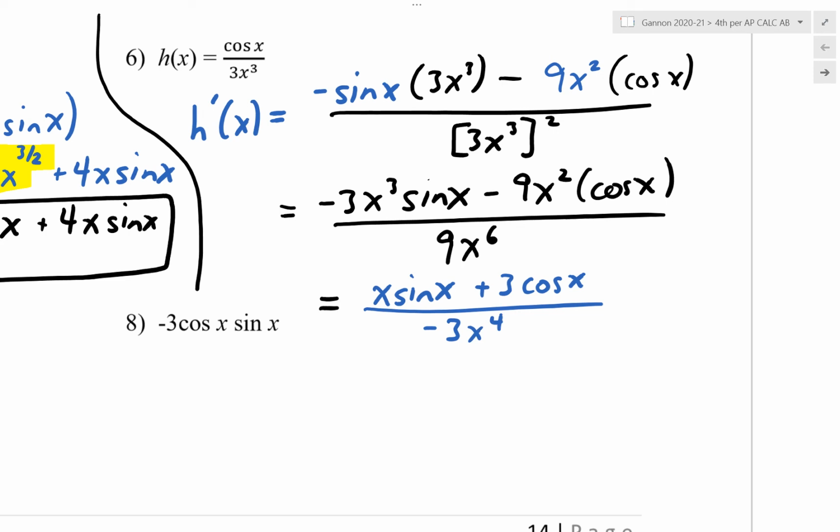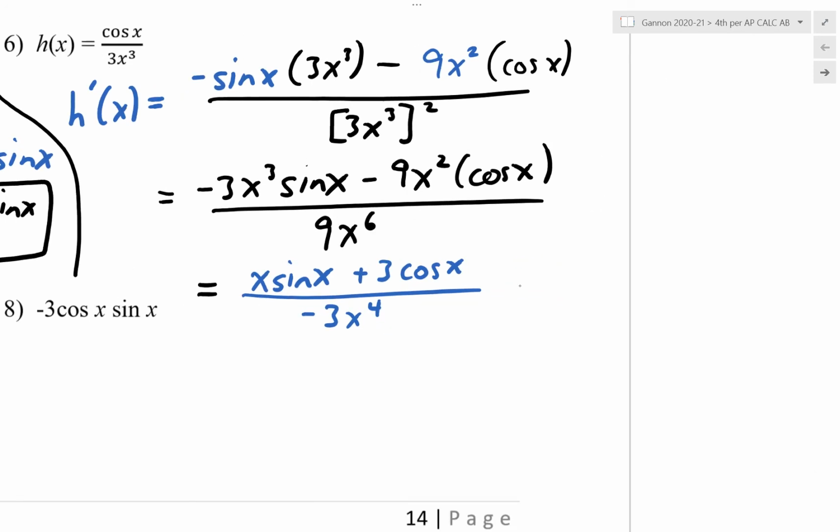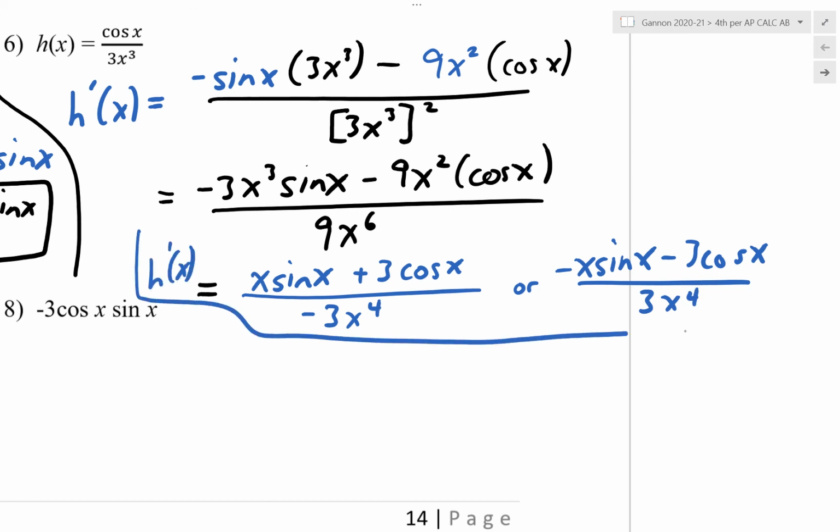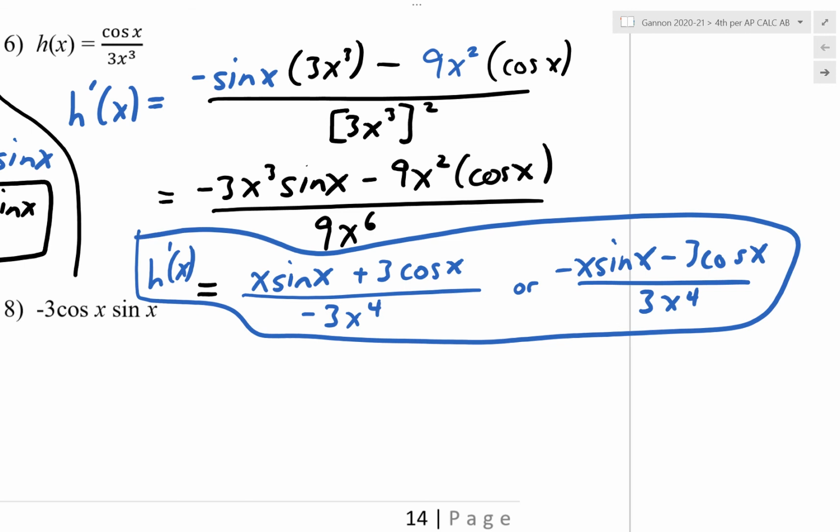If I didn't put the negative in the denominator, it would go in the numerator, and you would have negative x sine of x minus 3 cosine of x over 3x to the 4th. But either way, one of those is how you would write the derivative of that function.